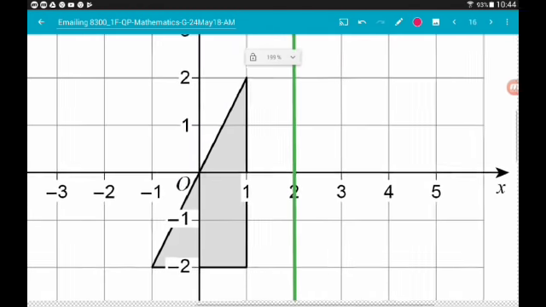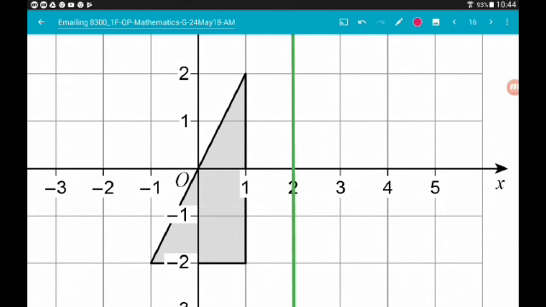So to reflect this triangle, every point is going to be reflected to the right, and by the same distance that this triangle is on the left of the line. So for example, this top point is 1 square to the left of the line. It's going to reflect down to 1 square to the right.